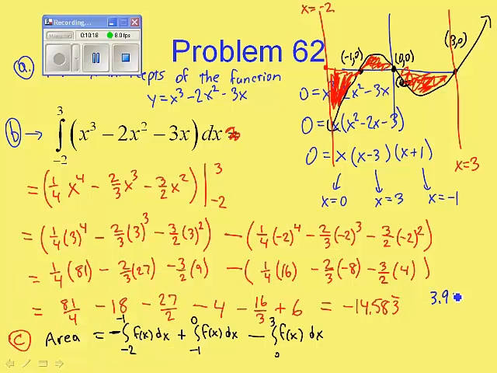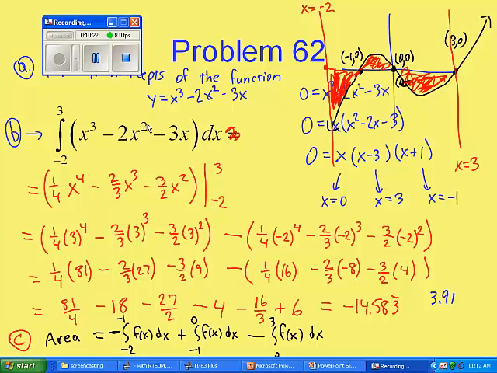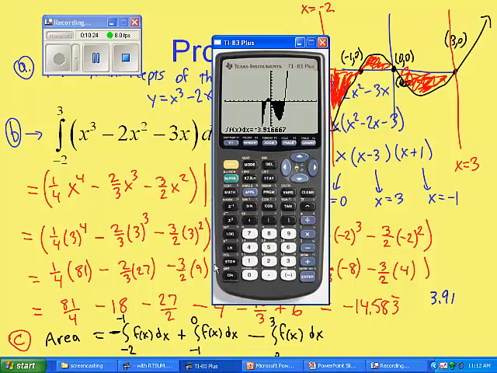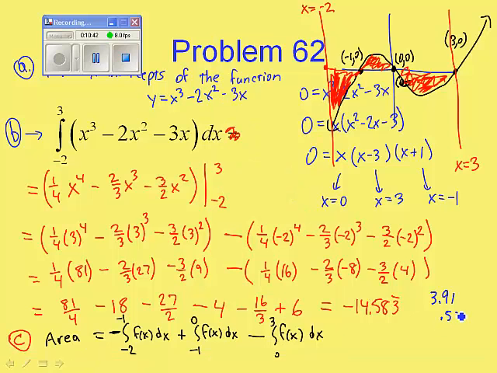So I want to take 3.91. And now I'll go back to the calculator. And let's integrate again. This time from -1 to 0. So there's 0.583, repeating if you want.